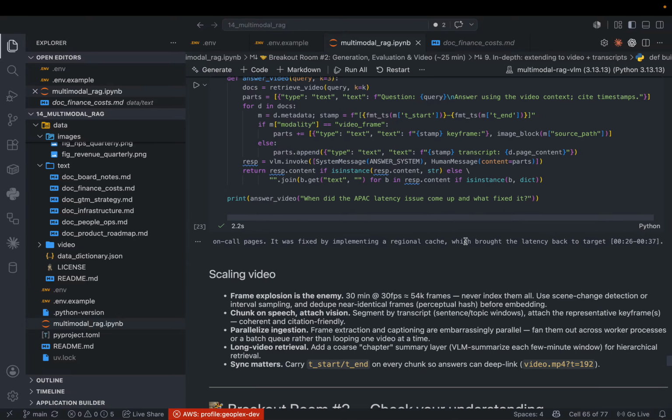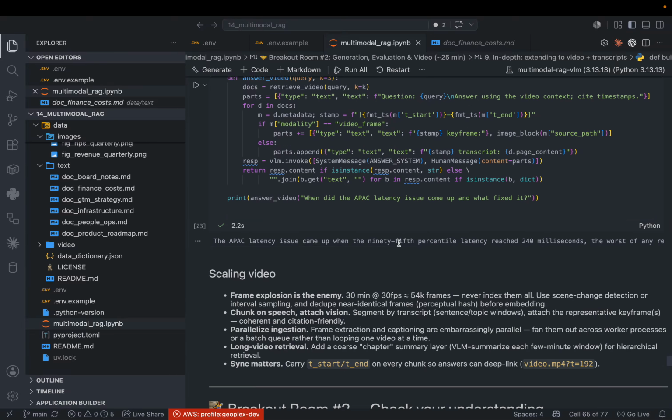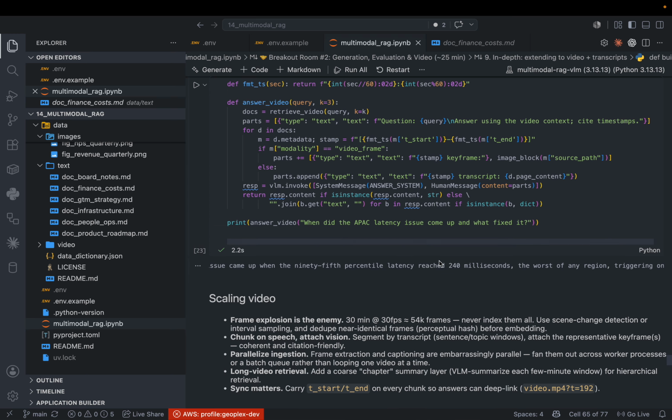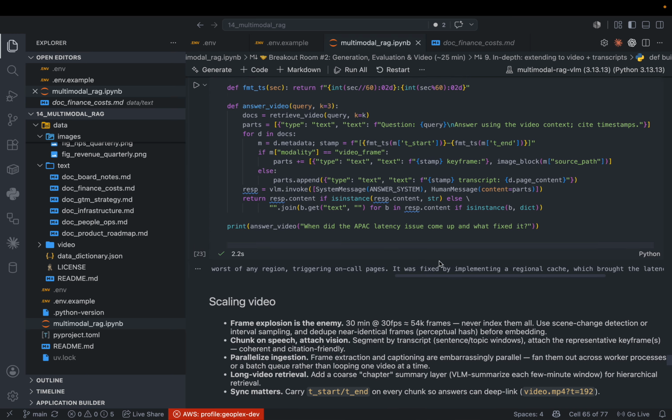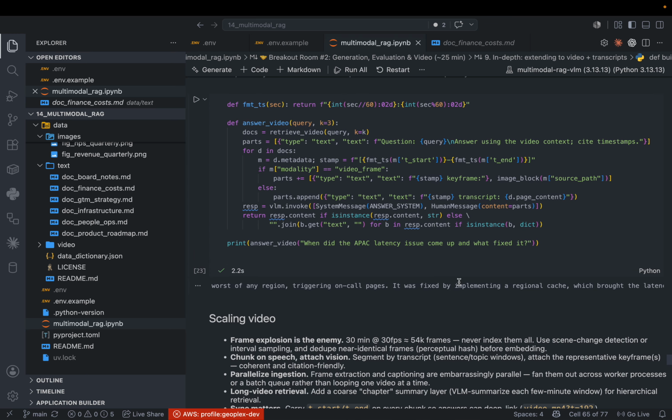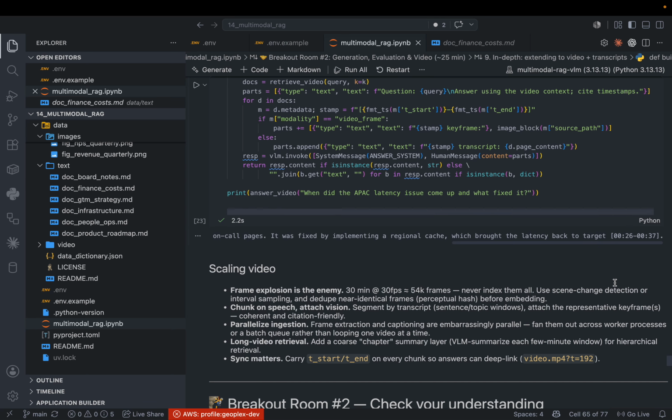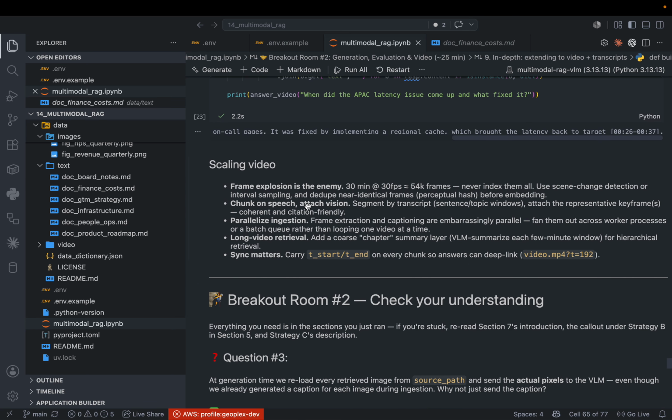And then here again, we're able to answer questions neatly and provide timestamps for our video frame. I guess a big call out is when you do this kind of frame breakdown, there's the possibility that there can be big frame explosions.